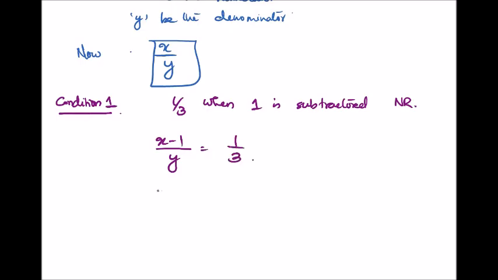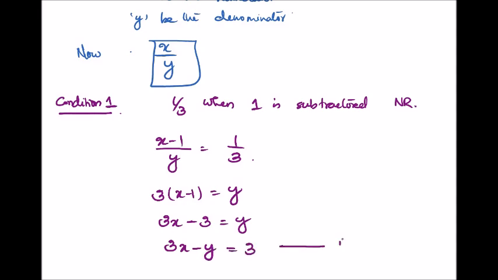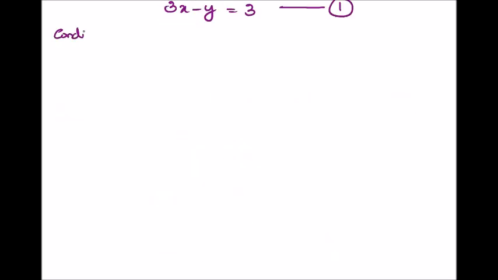So we cross multiply: 3 into x minus 1 is equal to y, or 3x minus 3 is equal to y, or 3x minus y is equal to 3. This is equation 1.